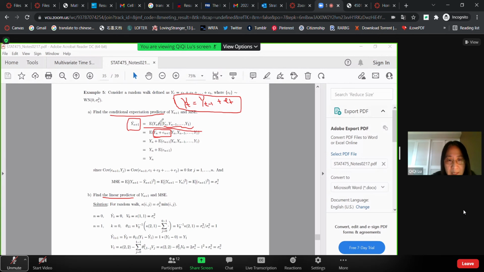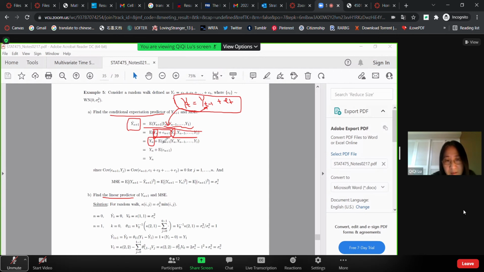For Y n plus 1, replace t by n plus 1, and we have Y n plus e n plus 1. Then the expectation of Y n plus the noise at time n plus 1, given the data up to time n. Since Y n is already given, it is just a constant, so the expectation is still Y n.